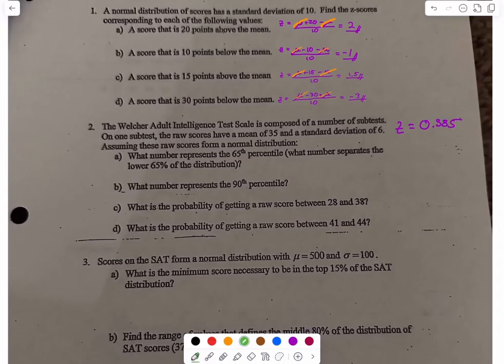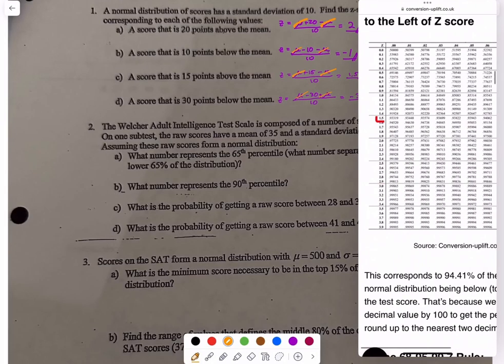Now if we use the z-score formula, x minus mu over sigma. So then if we put this together, we're going to get x minus, now the average is 35, over 6 equals 0.385.